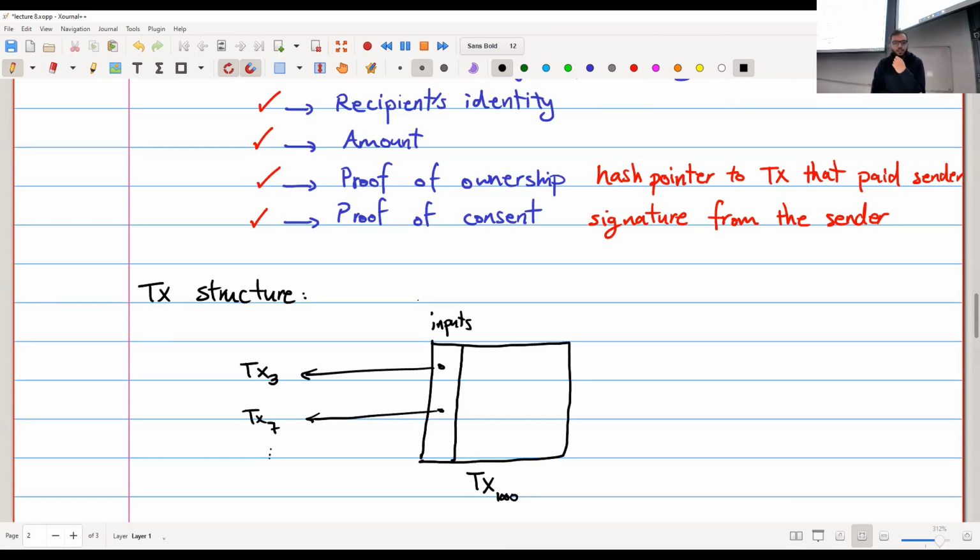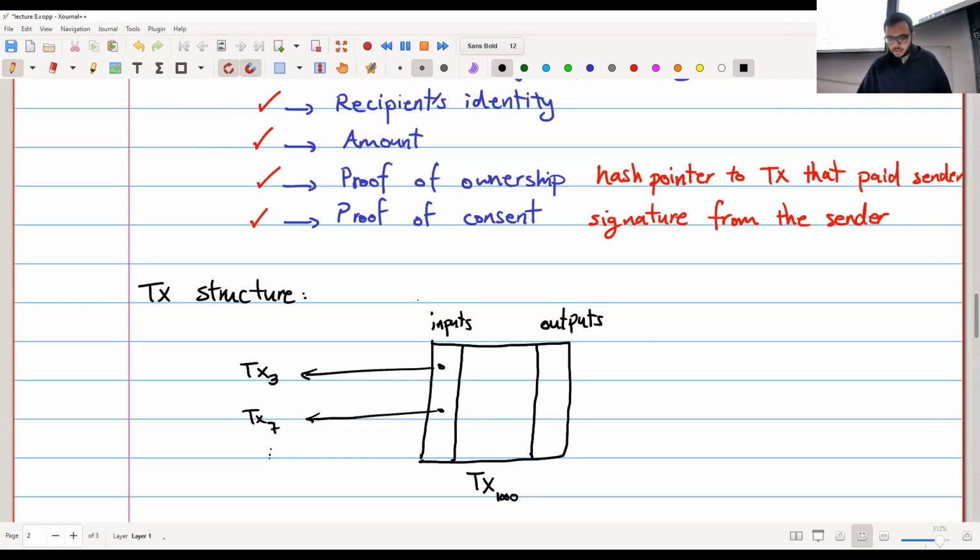So hopefully, if someone goes and checks transaction number 3, they will see that there was an output there that gave money to me. And then, of course, I used the word already, so I'm going to have a bunch of outputs. And the outputs are basically going to say how much money is paid to whom. Okay?